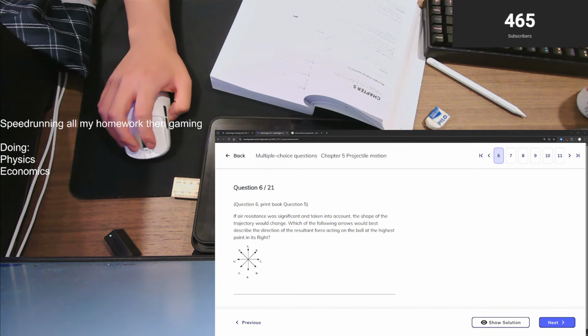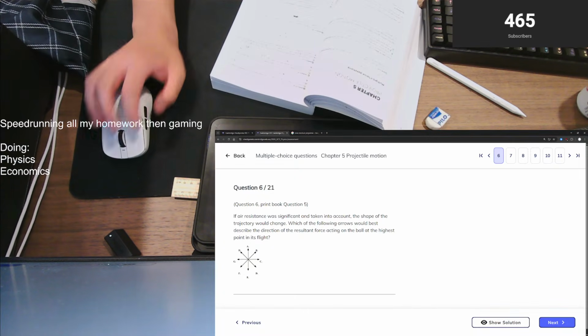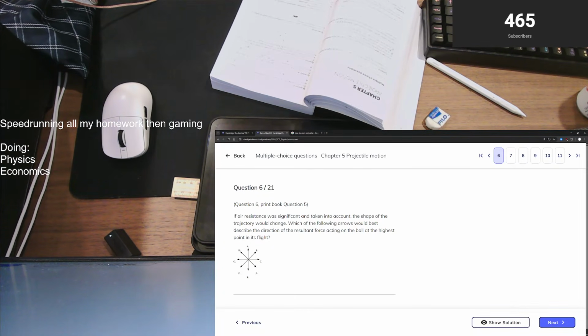Why are you even here? How do I ban someone? Which of the following arrows would best describe the direction of the resultant force acting on the ball? Highest point of its flight.